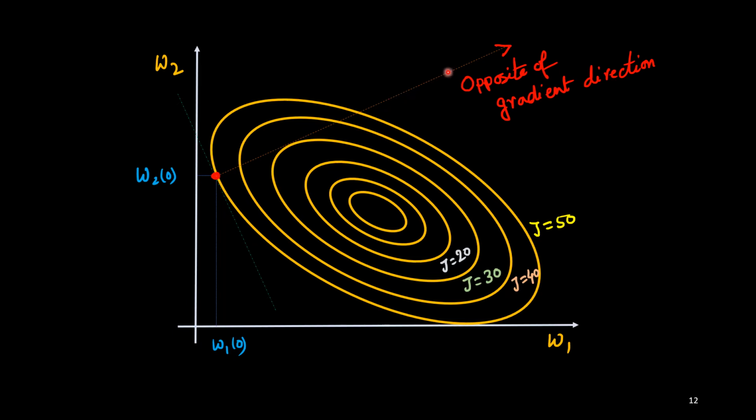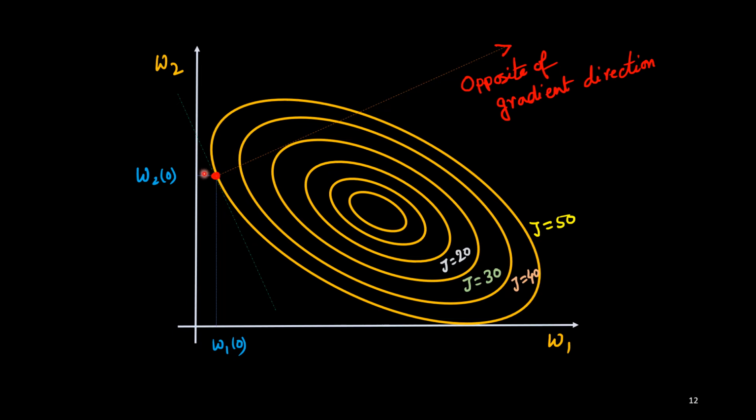You can see that if we move up to this point, this is one contour, the outer contour. If this is the final point along this line, then the error is not reduced; it will remain the same at J equal to 50, suppose. And if you go further, then obviously the cost will increase, it will not decrease.